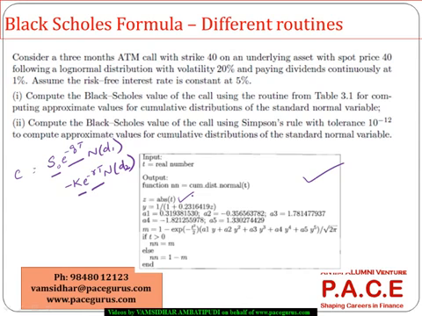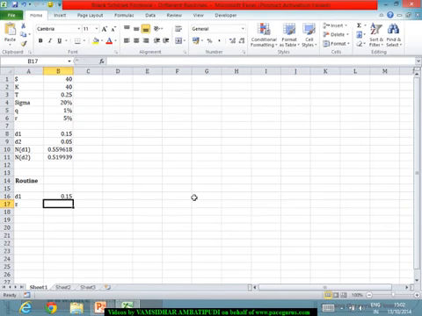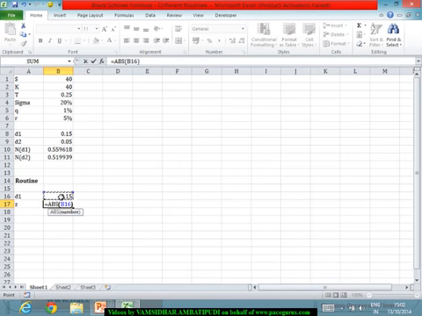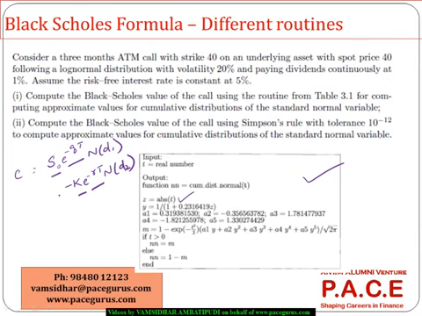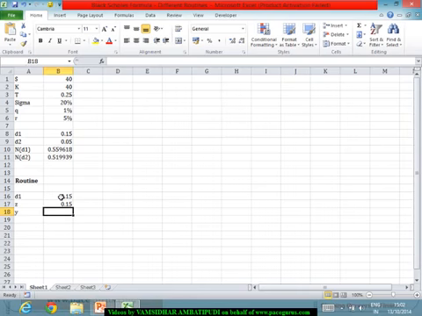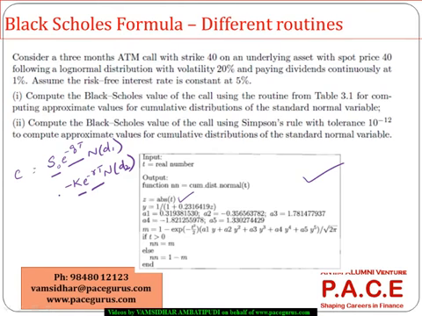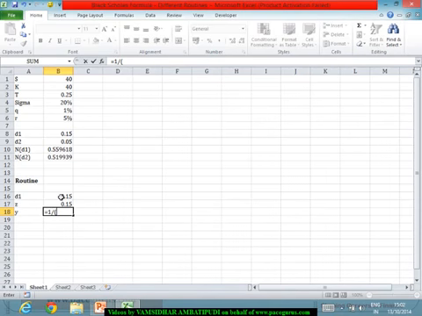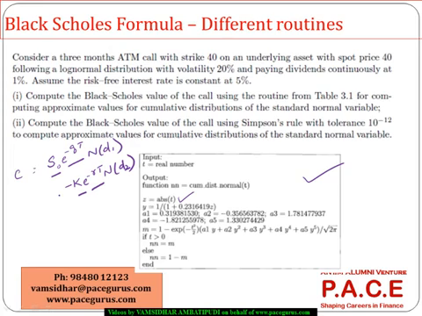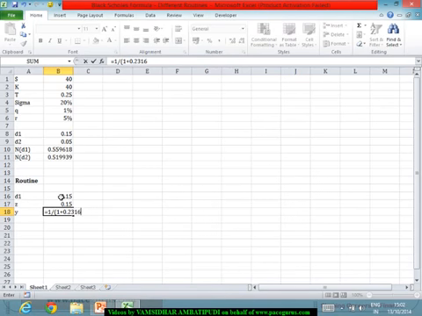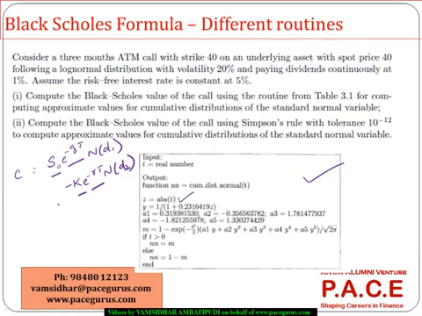Z is the absolute value of T. Okay, this is what is Z. Then Y, which is coming out in this routine, is 1 divided by 1 plus 0.2316419 times Z. So this is what has worked out to be the value of Y.